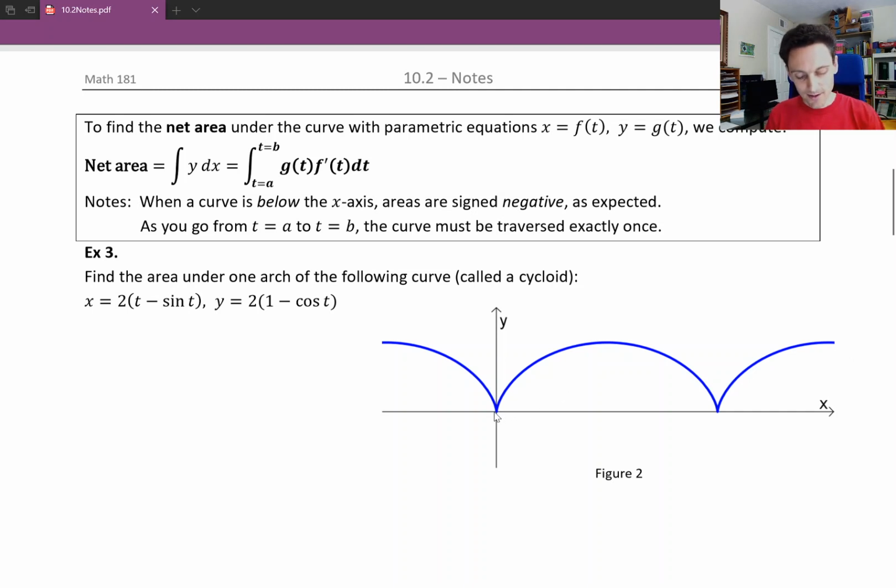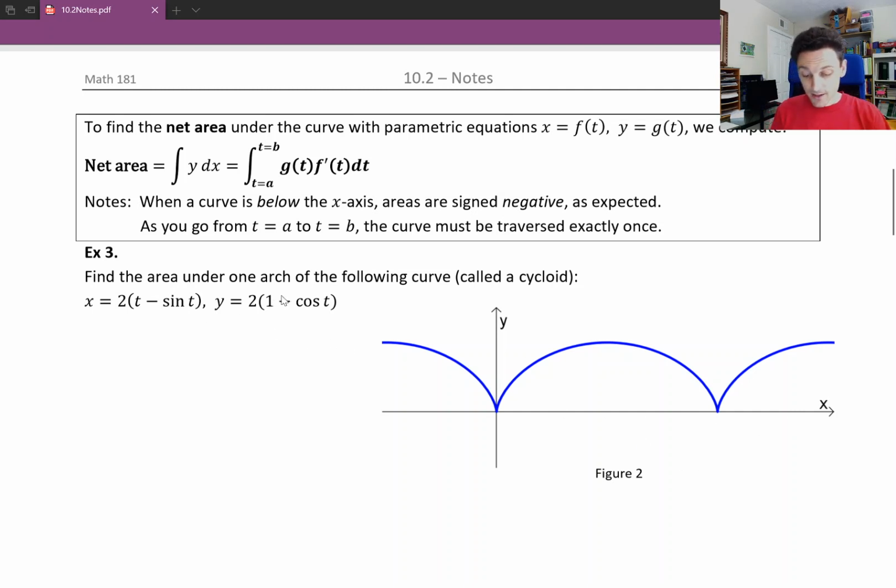So if the nail was right here at the origin and you're rolling your tire over it, then when the nail gets stuck into your tire, it gets lifted up by the tire and moved over, and then eventually is going to go full circle around the tire and come back down and hit the ground. And every time it hits the ground, it makes that thumping noise, and you go, oh no, I have a flat tire. So that's what that's modeling right there. It's like something on the end of a circle that's rolling along the x-axis.